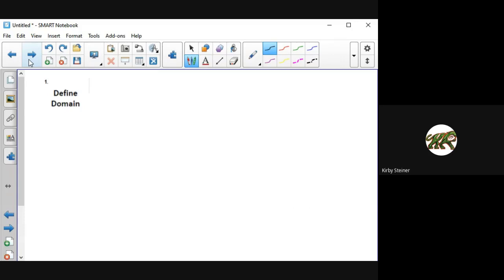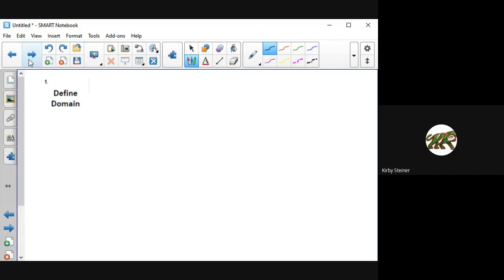The first thing we're going to do is define domain using set builder notation. Informally, we know that domain is all the values of x that are used as an input to our function. Now we're going to define this formally using set builder notation.